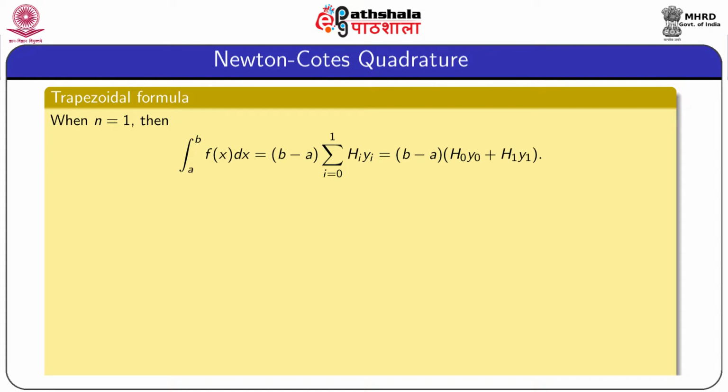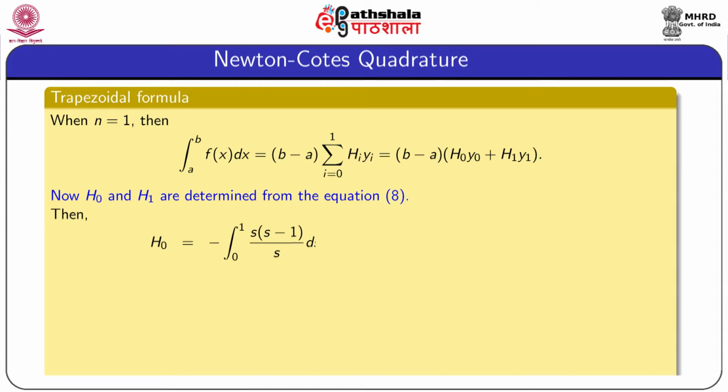When n equal to 1 we obtain a Newton-Cotes quadrature formula known as the trapezoidal formula. For this case, the integration a to b f(x) dx equal to b minus a summation i equal to 0 to 1 hi yi, which is equal to b minus a into h0 y0 plus h1 y1, where h0, h1 are the Cotes coefficients determined from equation 8.